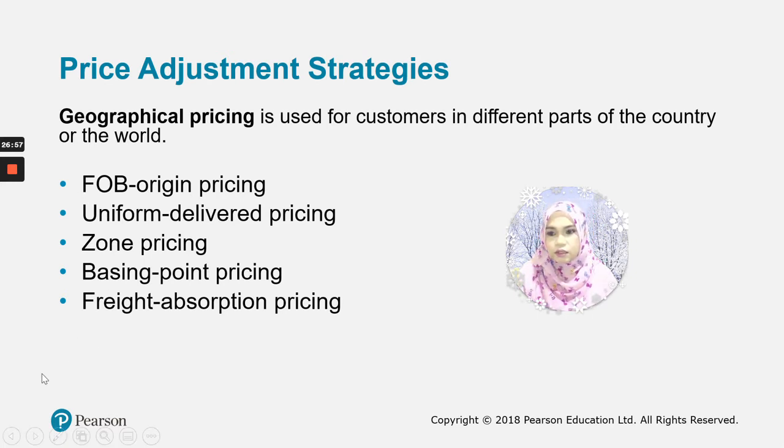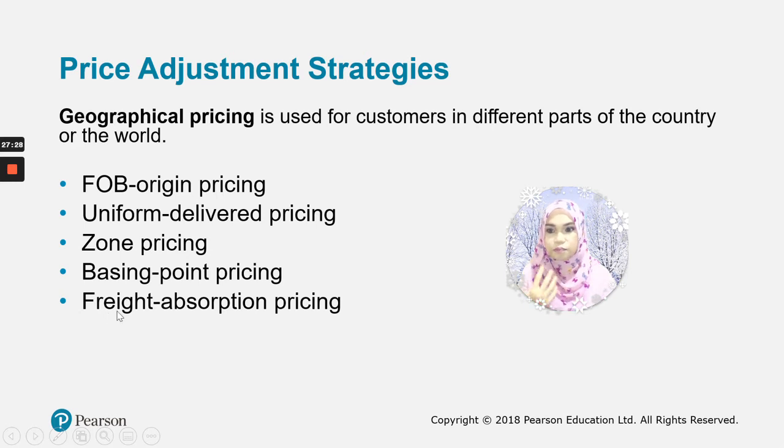Zoning is because of the zone. Basing point: there are certain points, like normally with delivery services. If you use Grab Food or Food Panda, you try to go and see, there are certain points where the delivery price is more expensive, in certain radius kilometers and so on. Freight absorption pricing means they absorb the cost of transportation.